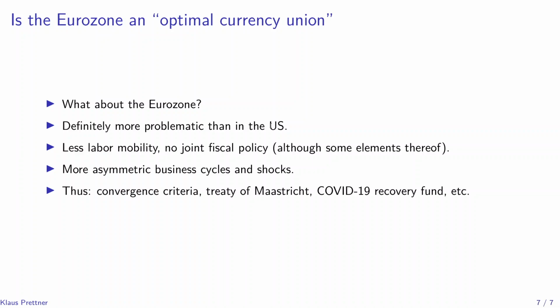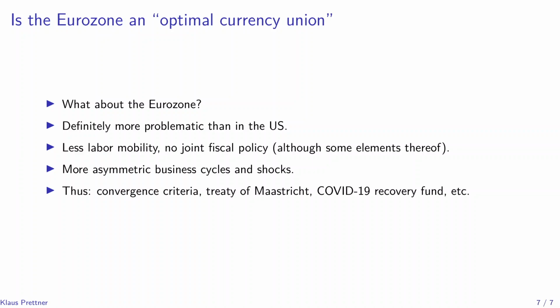What about the euro area? That's definitely more problematic than in the US, and the reasons are that there is much less labor mobility across countries. Particularly, this may also be the case due to language barriers. There is no joint fiscal policy. I mean, there are some elements thereof, as I mentioned before, structural funds and so on. And there are more asymmetric business cycles and asymmetric shocks.